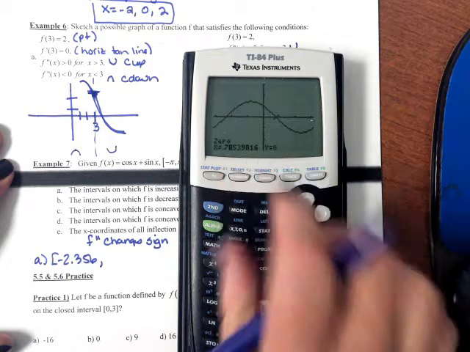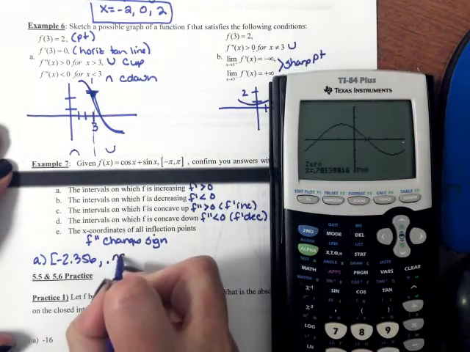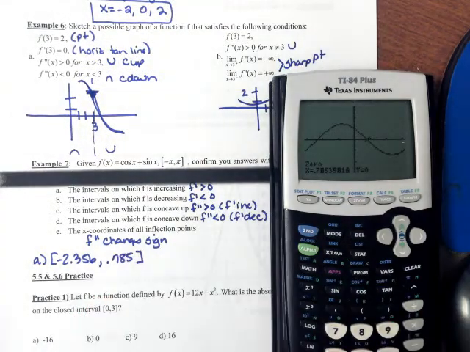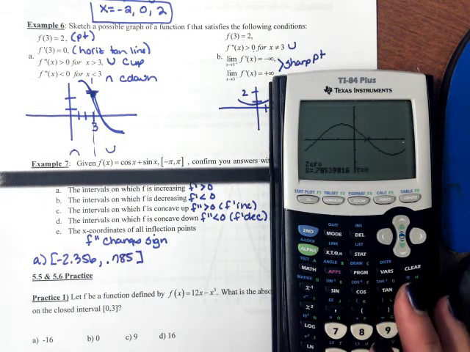That's going to give me 0.785. So that's where I'm increasing.